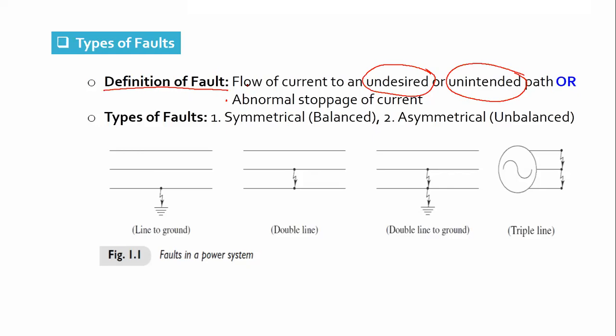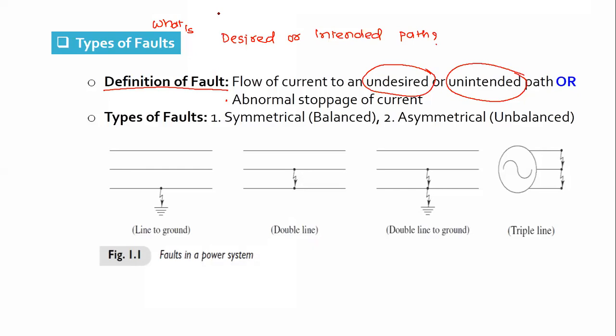Then my question to you is, what is the desired path? What is the intended path for flow of current? What is the desired or intended path? Very good, Viral. Anyone else? Your answer is absolutely correct. What is the desired or intended path for the current to flow?